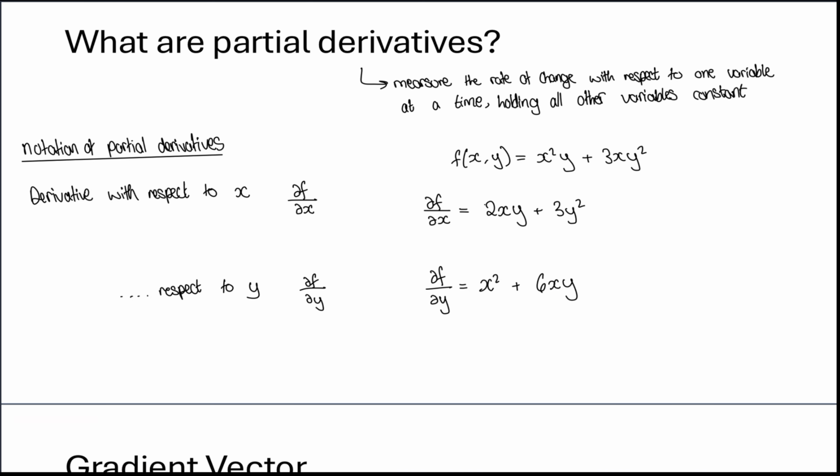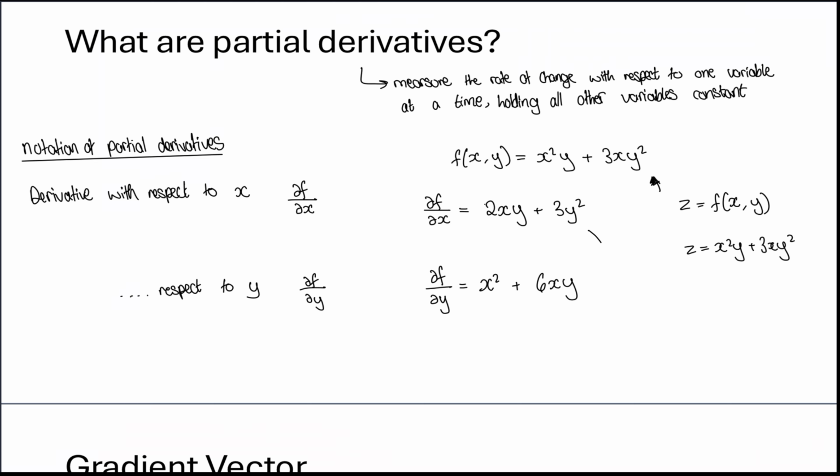So this function over here would be a 3D surface, as we could write this as z is equal to f, the function of x and y, which is z is equal to x squared y plus 3x y squared. So this is some kind of three-dimensional graph.